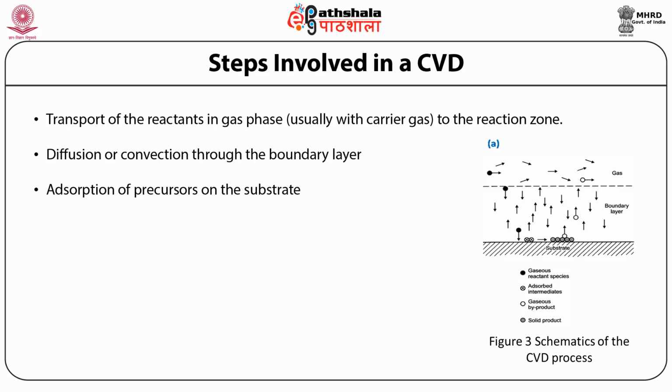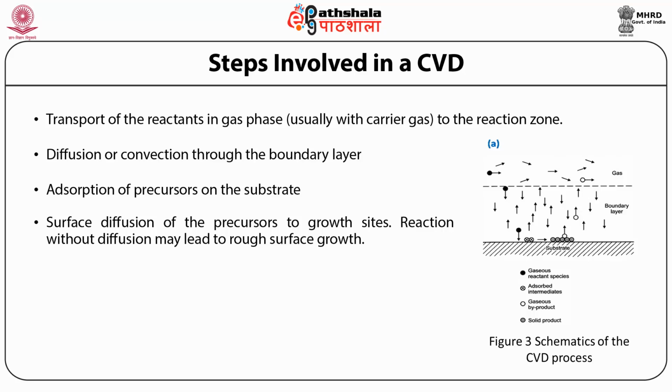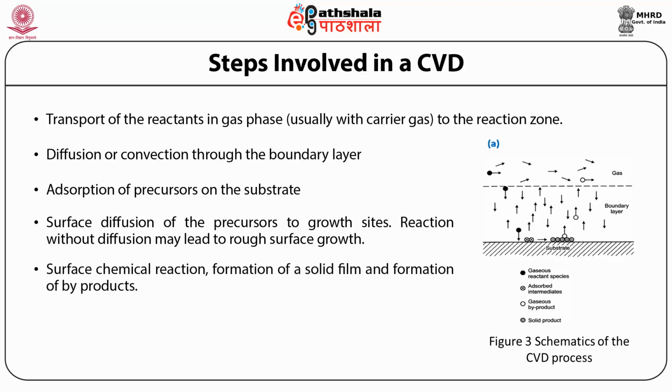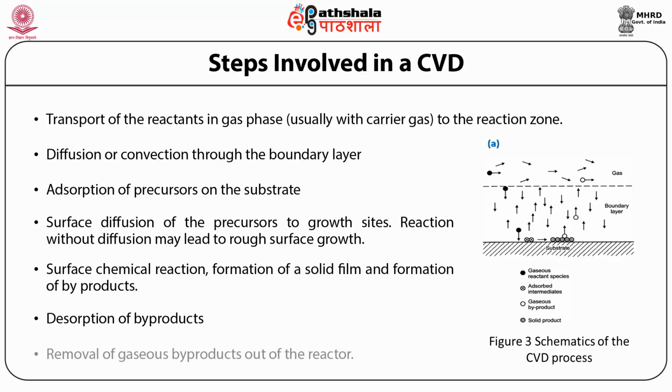This is followed by surface diffusion of the precursors to growth sites. Reactions without diffusion may lead to rough surface growth. Then, the surface chemical reaction, formation of a solid film, and formation of byproducts takes place. The next step is the desorption of byproducts. Finally, the removal of gaseous byproducts out of the reactor takes place.